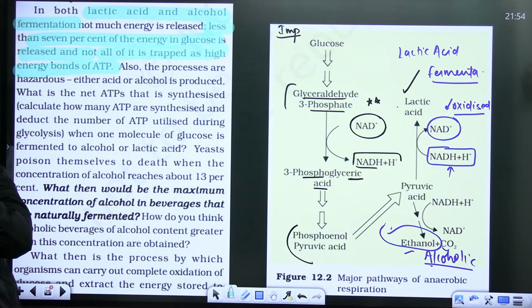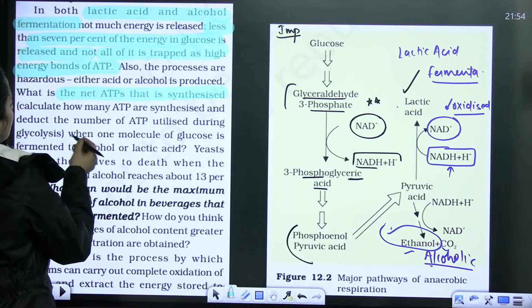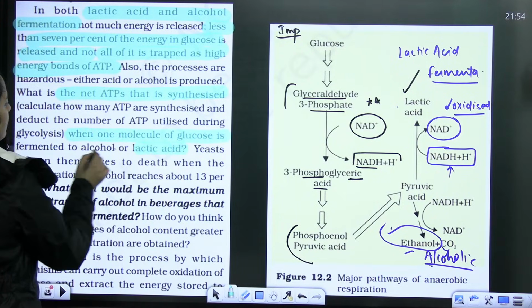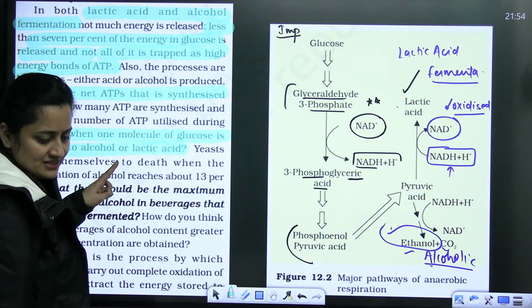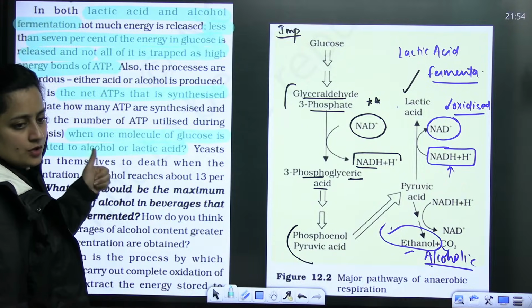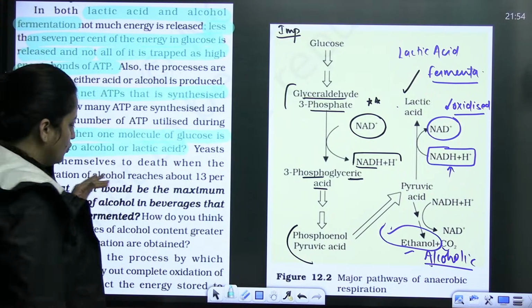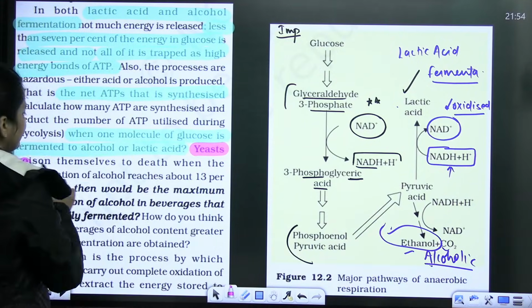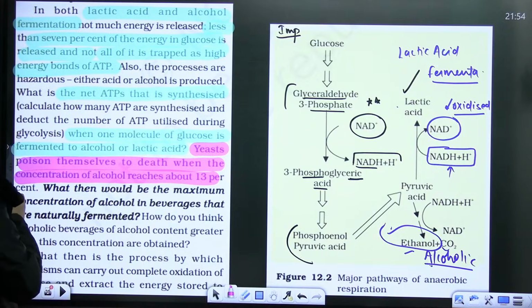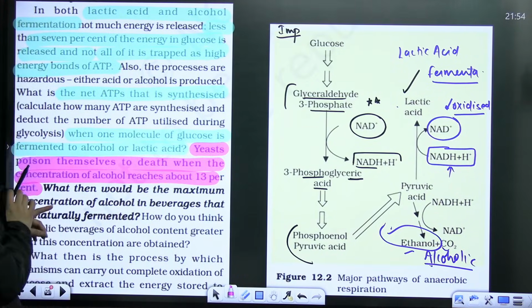What is the net ATP synthesized? We only talk about glycolysis here: 2 ATPs, because a total of 4 ATPs are formed, out of which 2 are used in the preparatory phase, so the net gain is 2 only. In your book itself it is written, yeast poison themselves to death when the concentration of alcohol reaches about 13%.